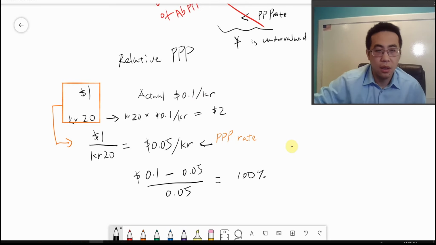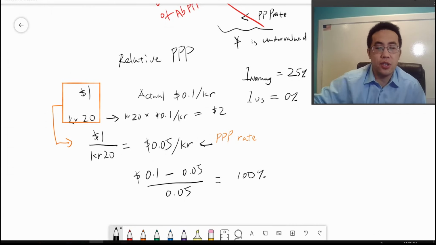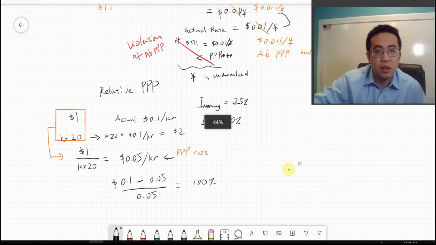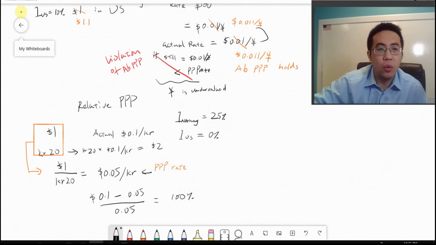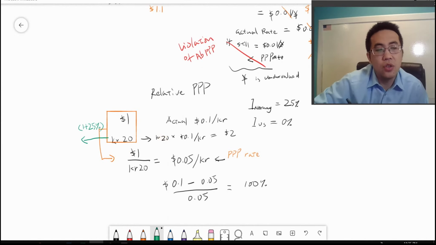Alrighty. Now let's look at the price level change. All right. So what if the two countries have a different price level? Let's say in Norway the inflation is 25%. To make things simple, I'm going to assume U.S. has zero inflation. So if that happens, then what would be the new Norwegian price for a burger? Okay. It used to be 20 krone. Now the price increased by 25%.